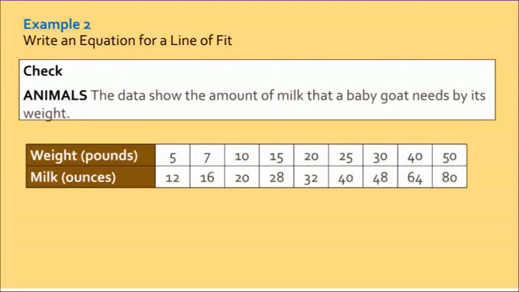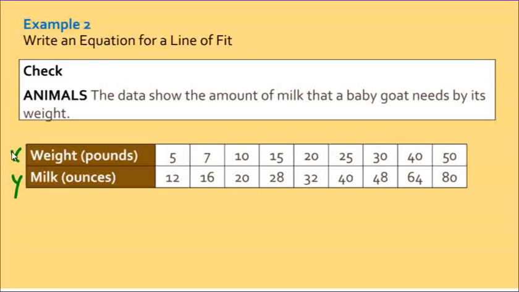But moving to our next example, this data showed the amount of milk a baby goat needs by its weight. So here your x variable is your weight, and the milk in ounces is our y.